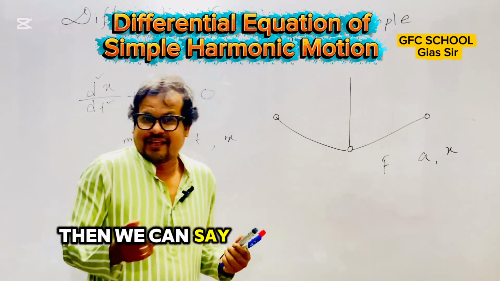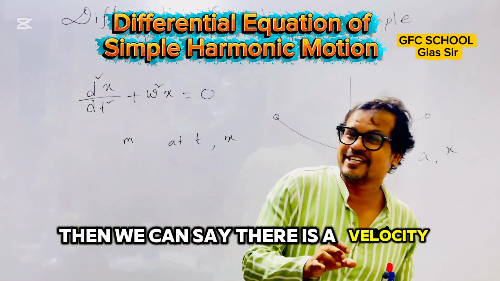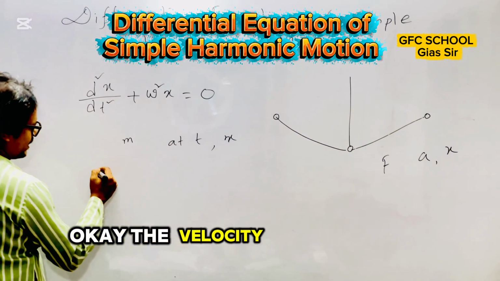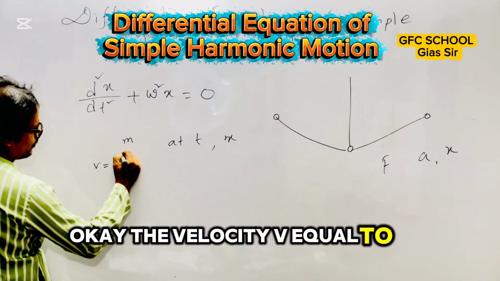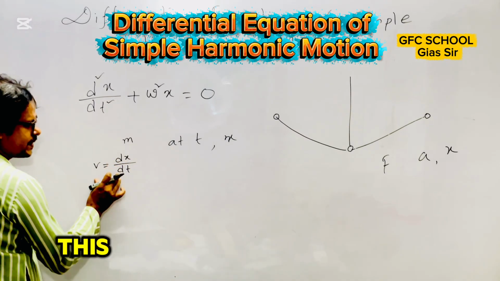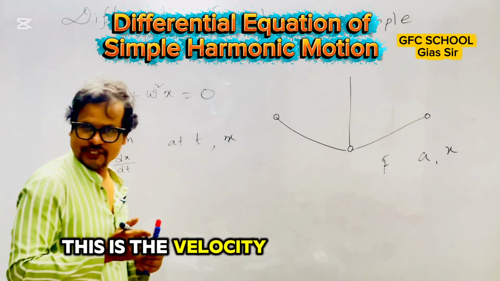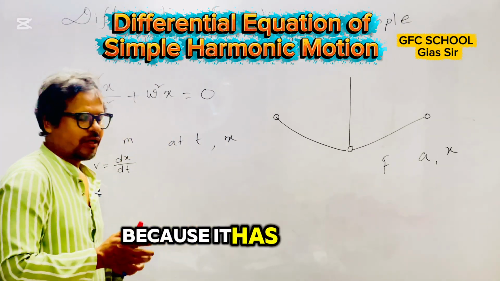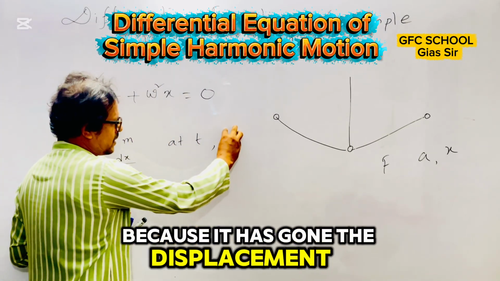Then we can say there is a velocity of the particle. The velocity v equals dx over dt. Guys, this is the velocity of the particle because it has gone the displacement x.